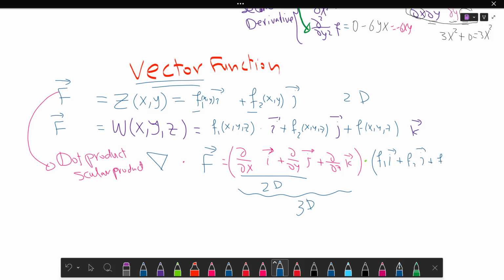How to do the dot product? They call it a scalar. Why do they call it scalar? Because the result is a scalar. It's not a vector, right? Because when I multiply i times i, it gives you 1. j times j gives you 1. k times k is 1, right? So remember, for the unit vectors, when they are the same, the result is 1.